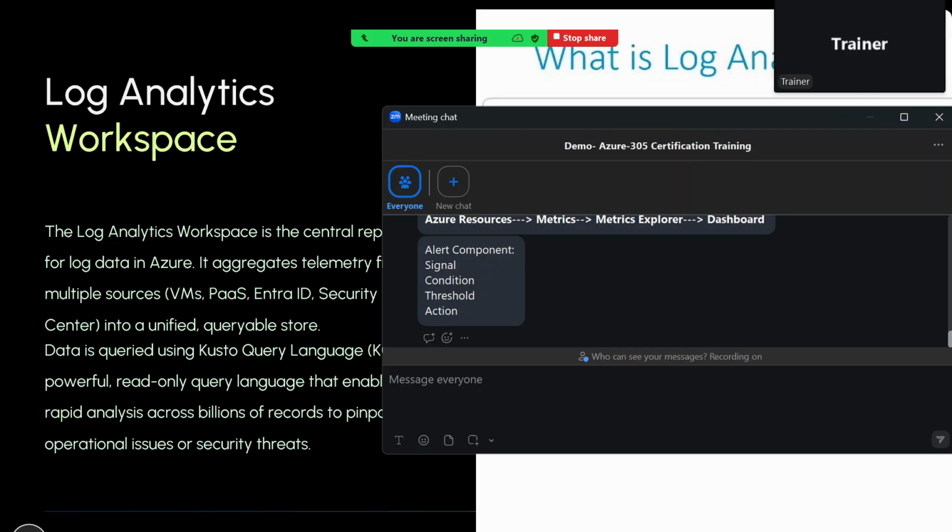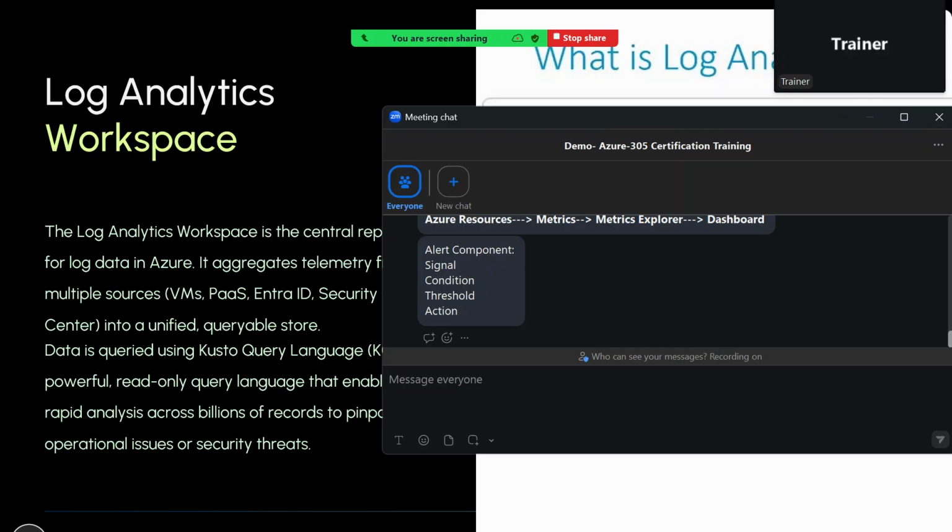For example, CPU more than 85% is the condition, but for 15 minutes, that is the threshold. And what is an action? Email, SMS, webhook, logic app, and Azure function. So these are actions.